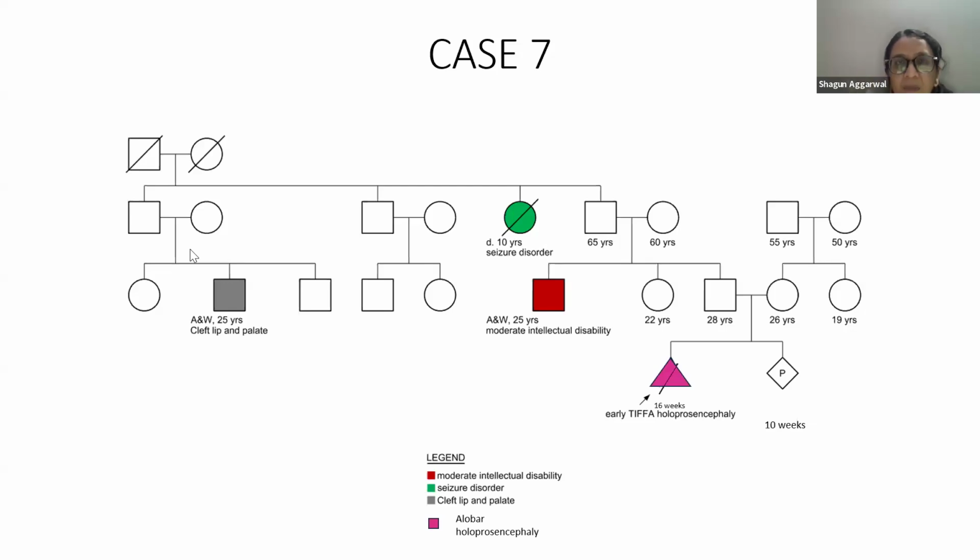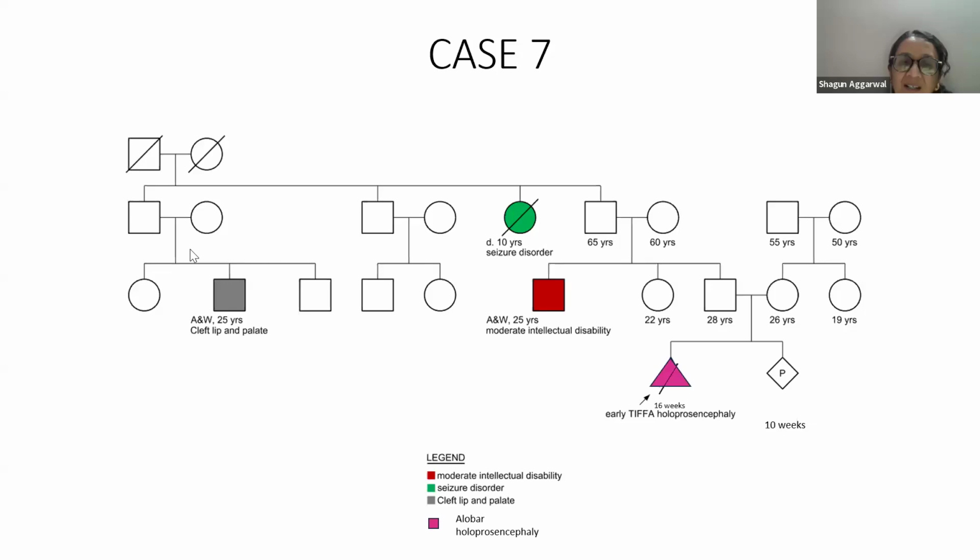And there could be certain appearances in the face of the husband or the wife which can immediately tell you that this is probably not a chromosomal holoprosencephaly. It is a monogenic or single gene disorder, which is presenting as holoprosencephaly in the fetus and has a milder manifestation in one of the parents.